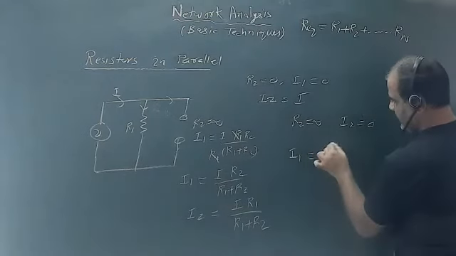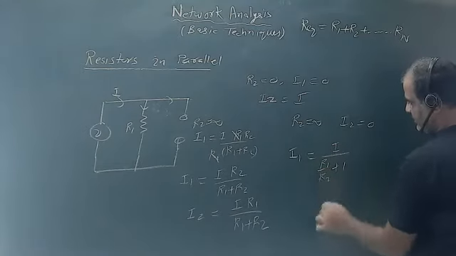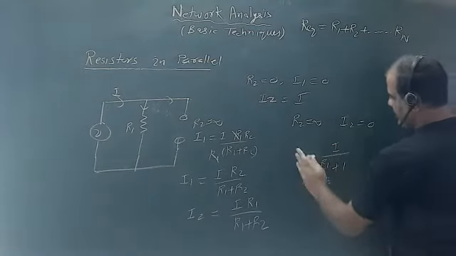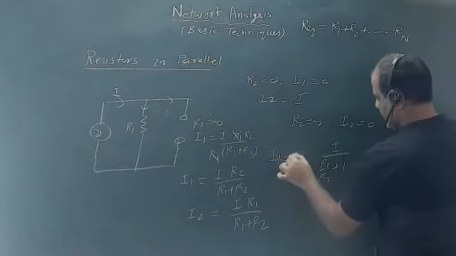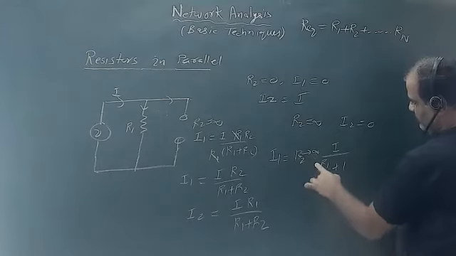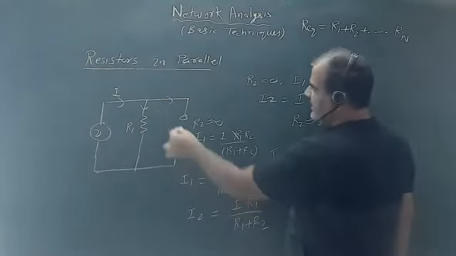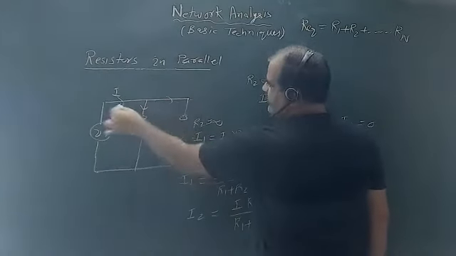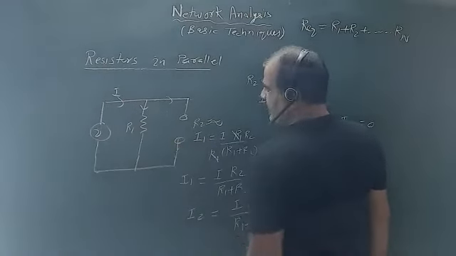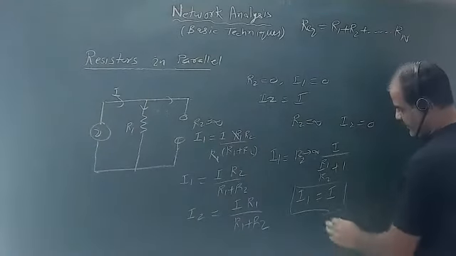I1 हो जाएगा I upon R1 upon R2 plus 1. लिमिट लगा दे इस पे, R2 tends to infinity, ये 0 हो गया, so I1 equals I. वैसे भी यहाँ पे करंट 0 है, तो सारा करंट इसी में फ्लो हो जाएगा. Then your I1 will be equal to I.